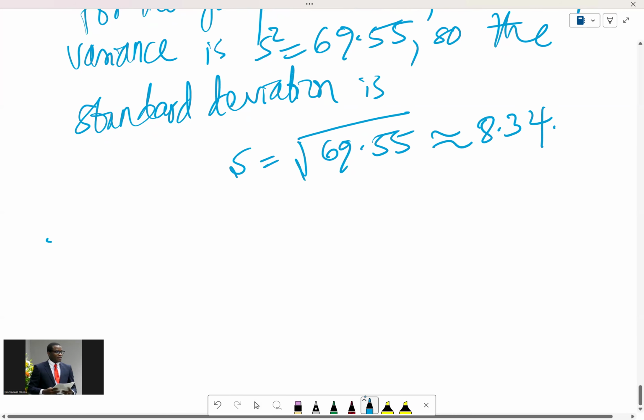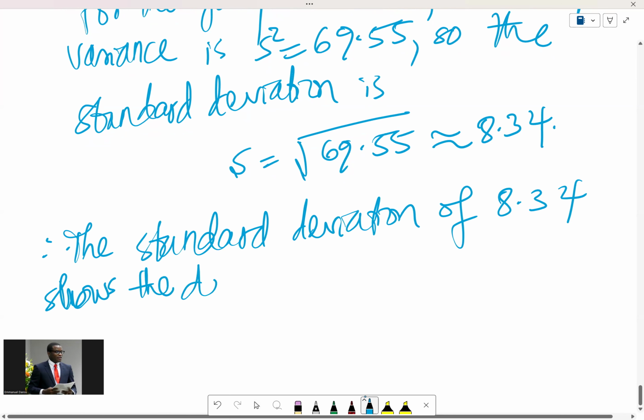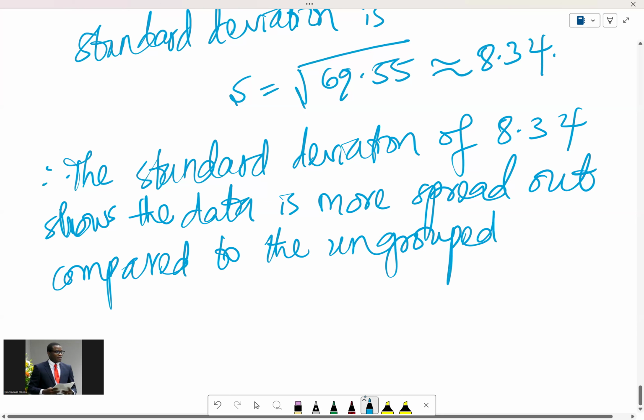So we can say therefore the standard deviation of 8.34 shows the data is more spread out compared to the ungrouped data. Okay. So that's that about standard deviation.